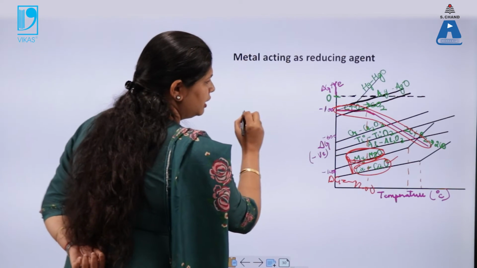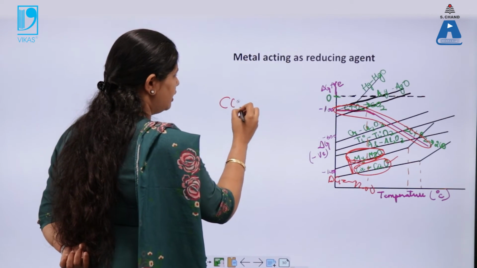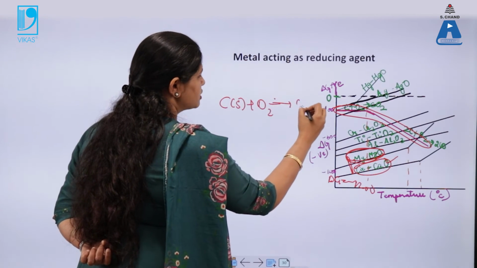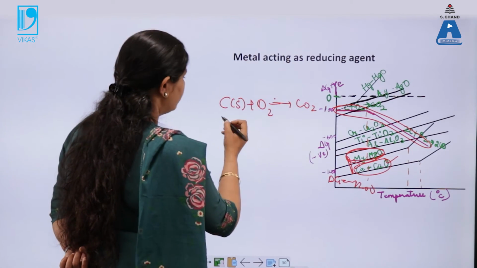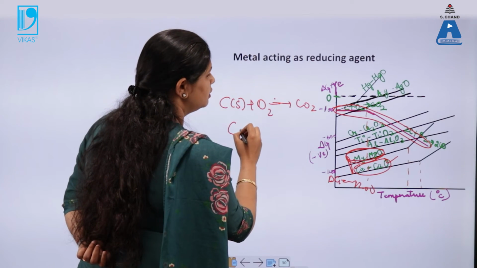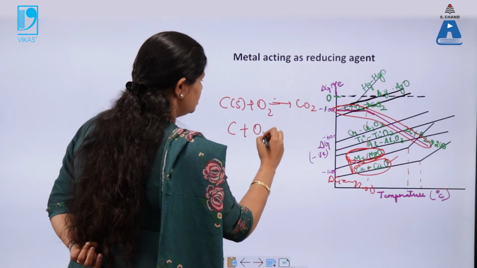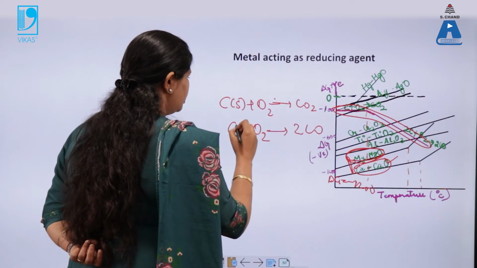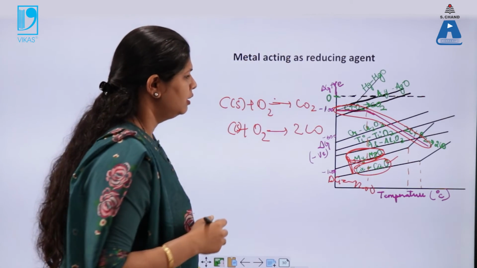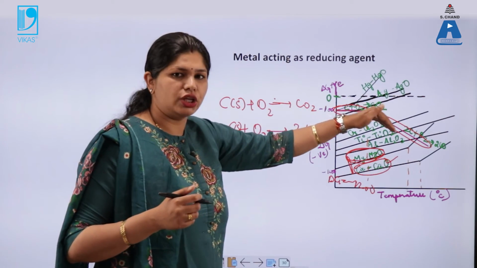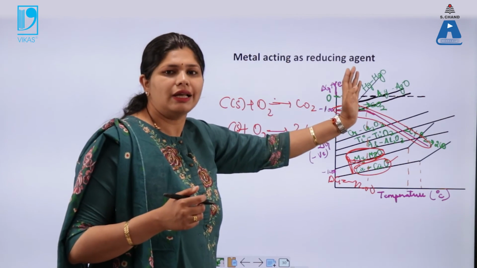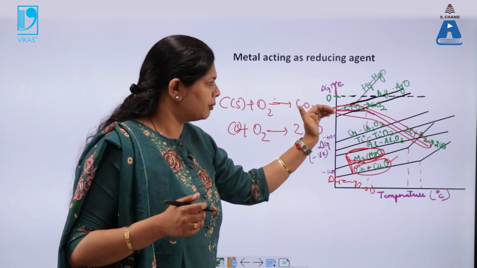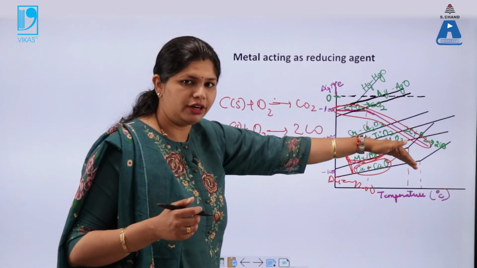Initially it is carbon solid to oxygen forming carbon dioxide, and then you have carbon plus oxygen forming twice of carbon monoxide. What happens in case of carbon? The Gibbs free energy change is opposite as compared to other metals. This is a non-metal, carbon, which is showing a different trend.